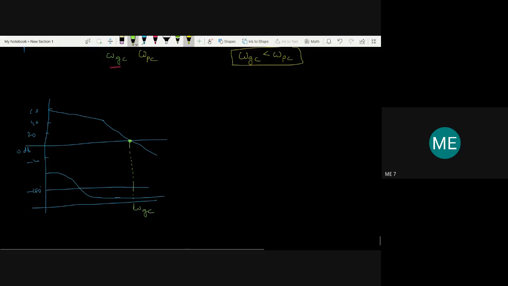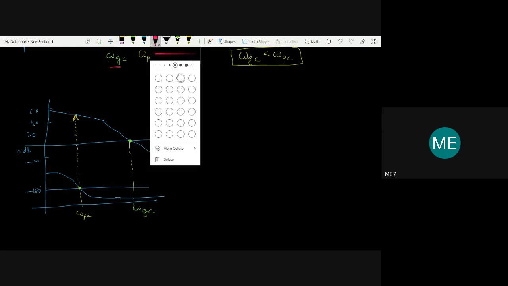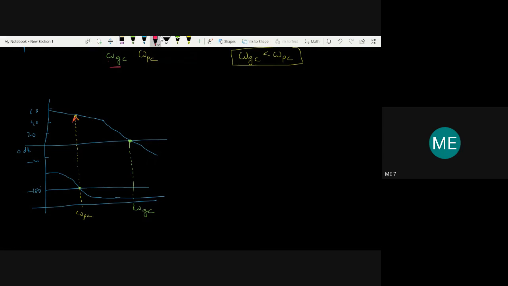Similarly, this point is called the phase crossover frequency, omega PC. At the phase crossover frequency, if I find the magnitude, that is what we call the gain margin.